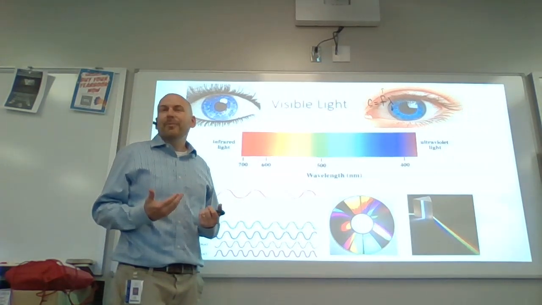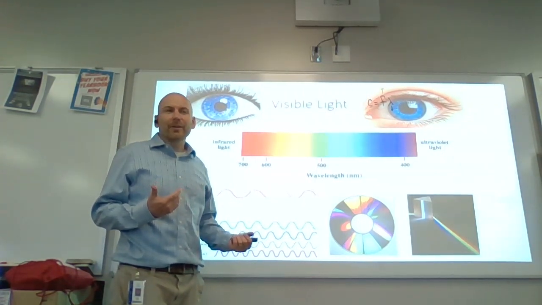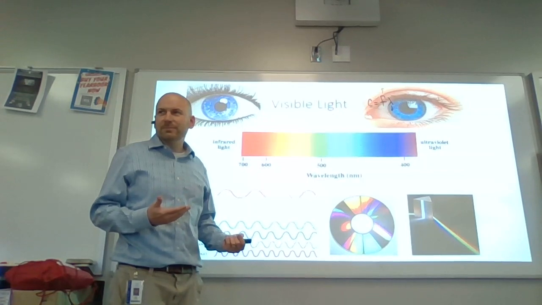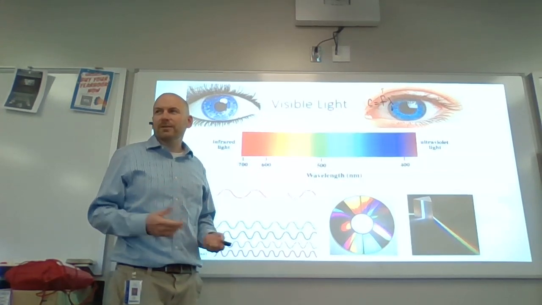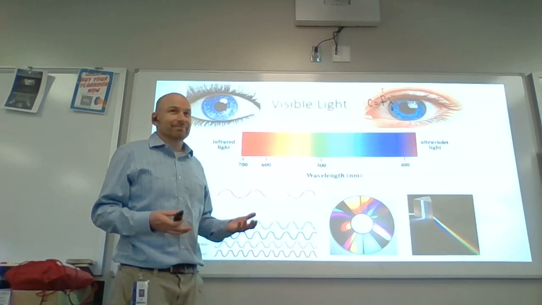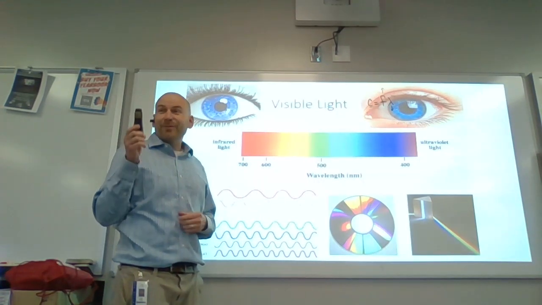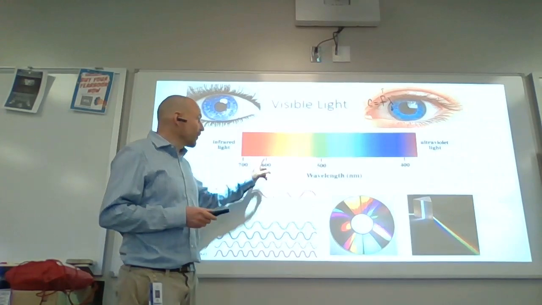Newton, back in the day, evidently there were 7 notes to the music scale, and he's like, there's 7 notes, there should be 7 colors. And before that, orange wasn't a color.